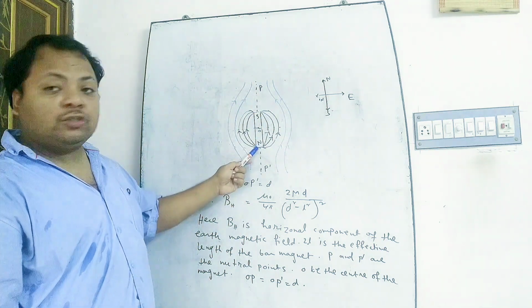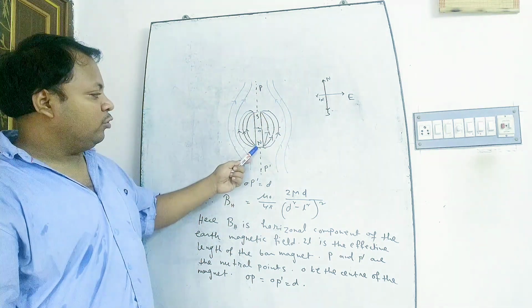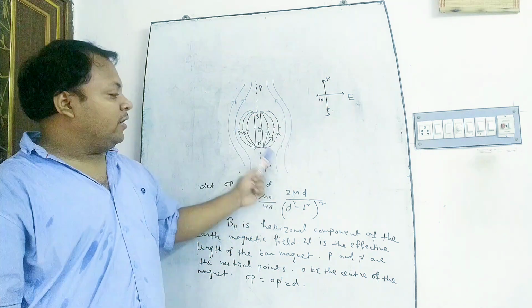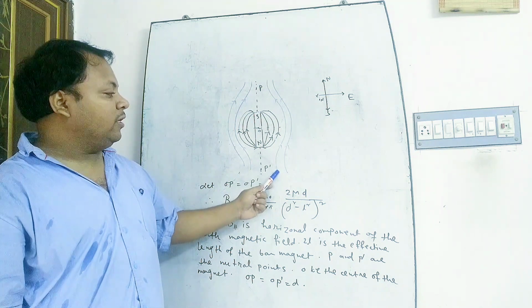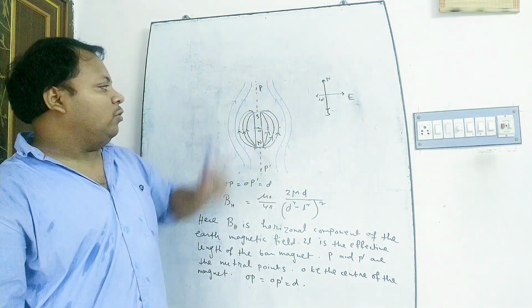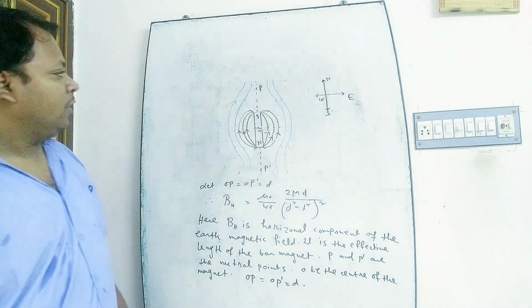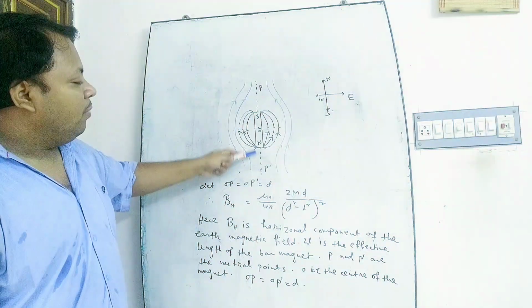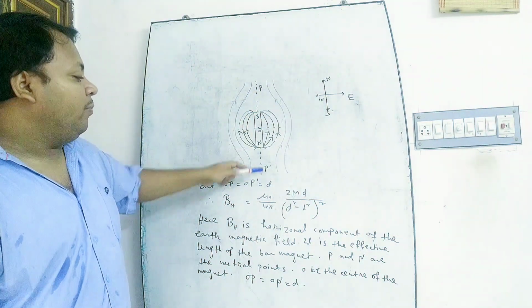The magnetic lines of force of the bar magnet start from the north pole and end at the south pole, and those of the earth's magnetism start from the south pole and end at the north pole. That's why we can get two neutral points on the axis of the bar magnet at the points P and P prime.